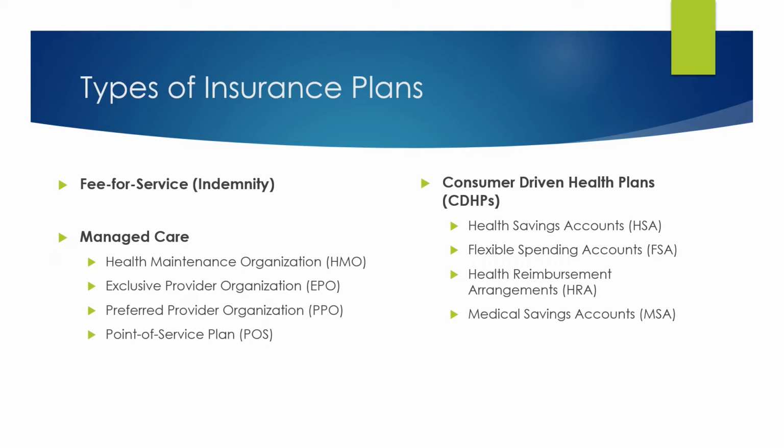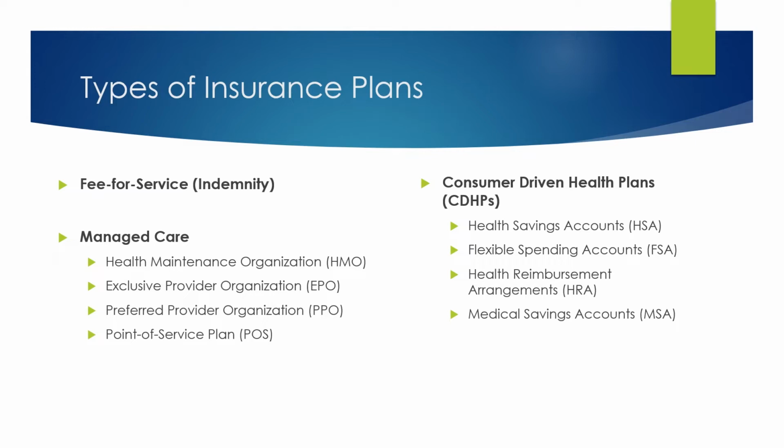Now, flexible spending accounts are those tax-free funds that can go towards eligible out-of-pocket healthcare expenses like prescription drugs and medical products. And employers are actually determining what happens with those funds at the end of the year, so they may or may not roll over depending. Then there's health reimbursement arrangements, which allow employees to receive tax-free reimbursement for eligible medical expenses.